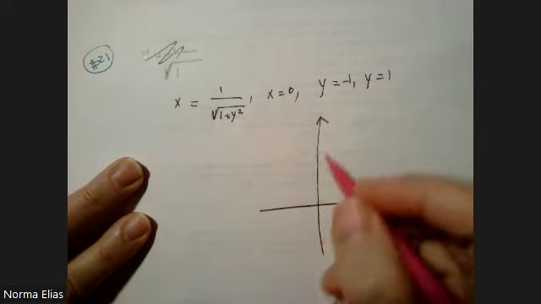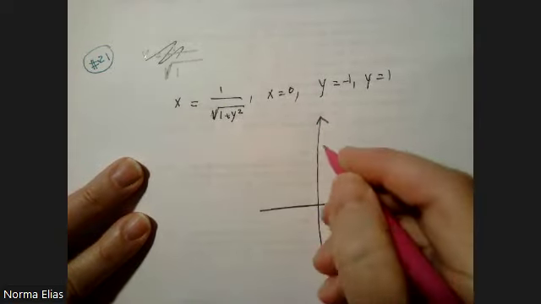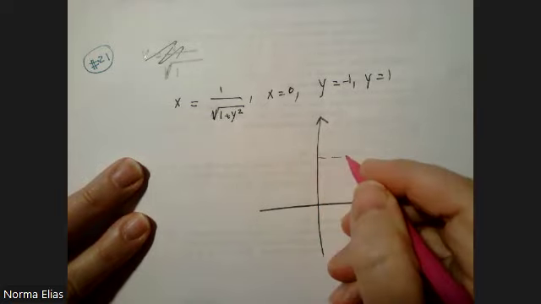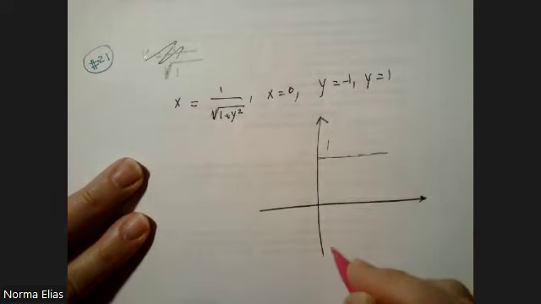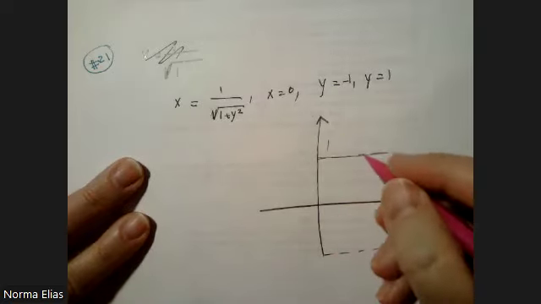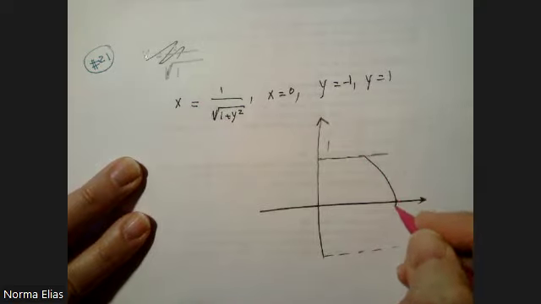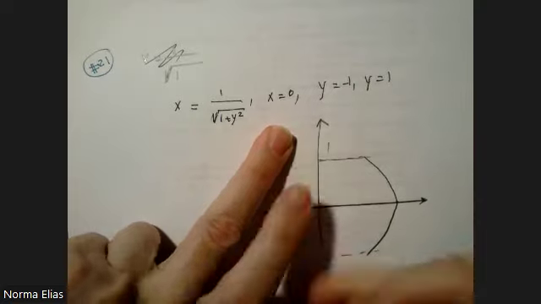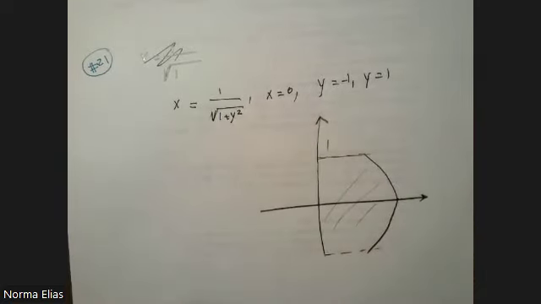Now x equal to 0 is the y-axis, y equal to 1, so this is y equal to 1 right here, y equal to minus 1, and the graph which looked like this. So we can erase this piece. Okay. So this is the region.